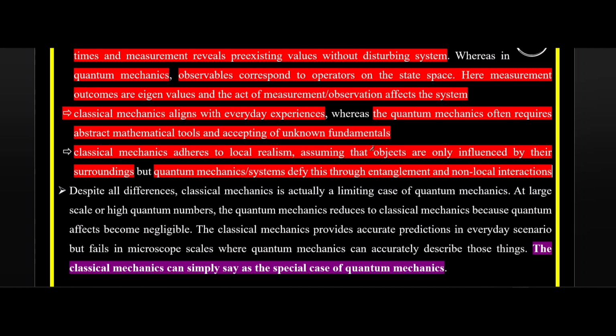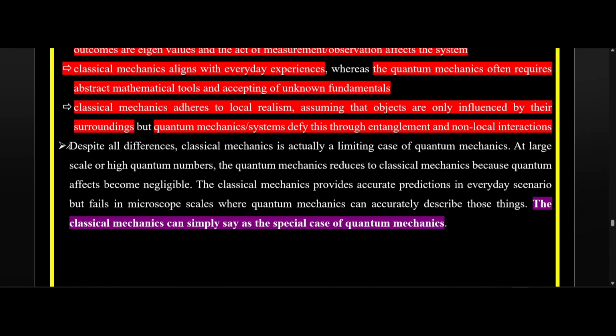In that same way, quantum systems or qubits follow entanglement so that they can have non-local interactions.